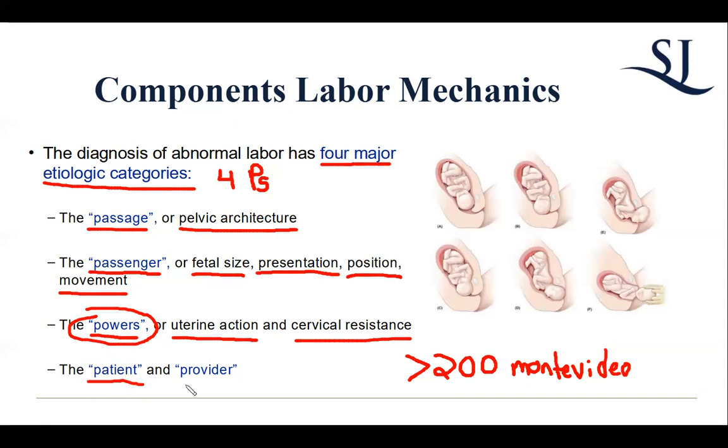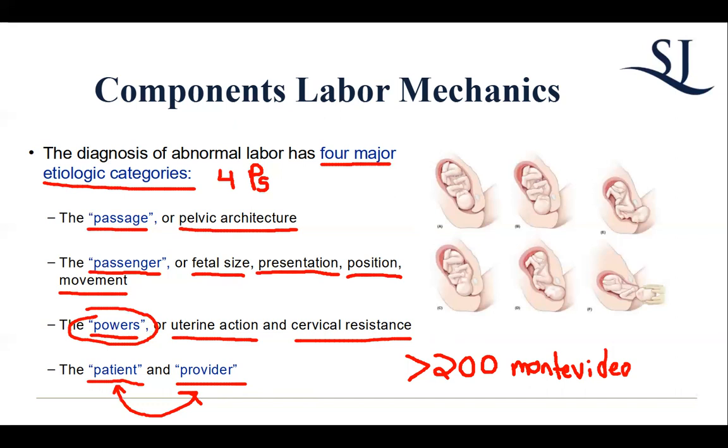And then they have patient and the provider, meaning that both have to work together, because if they're not on the same team, that will most certainly hold up the labor process on both sides. So it's really important to have a realistic expectation about what is going to happen. Sometimes you have that on extreme ends on both sides.